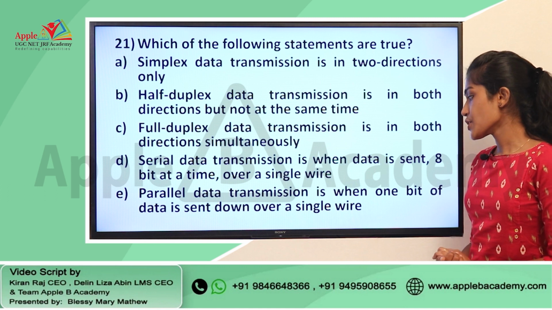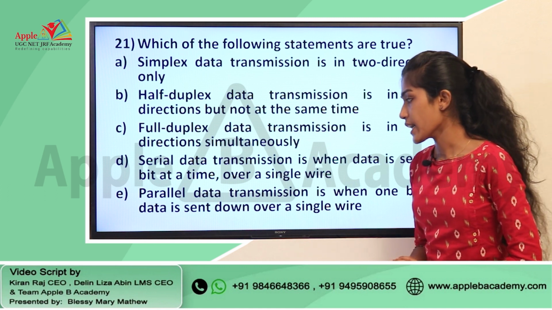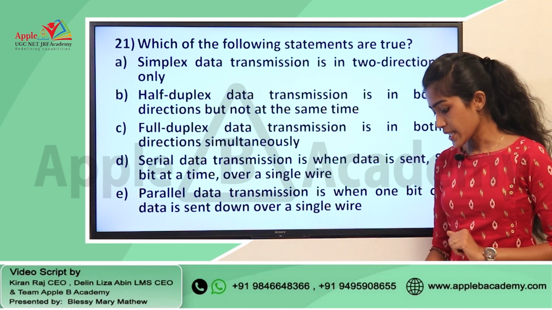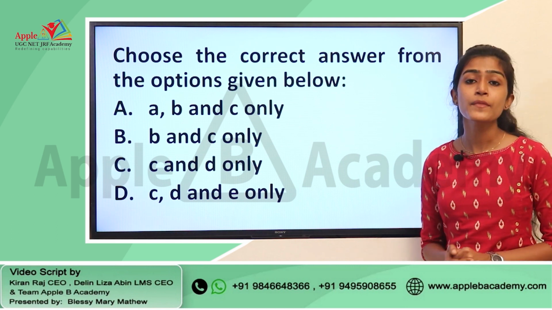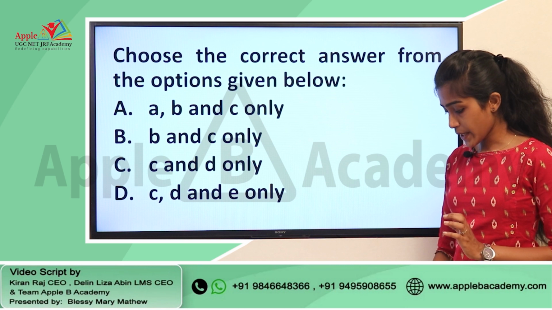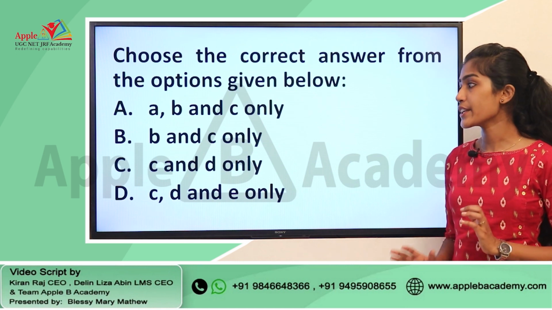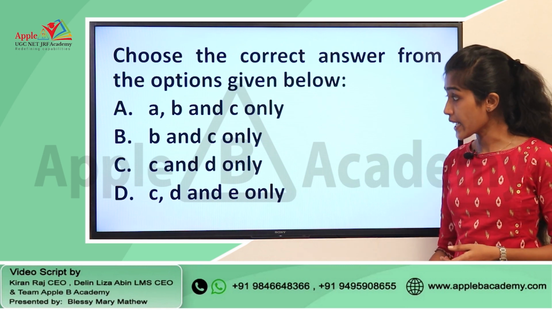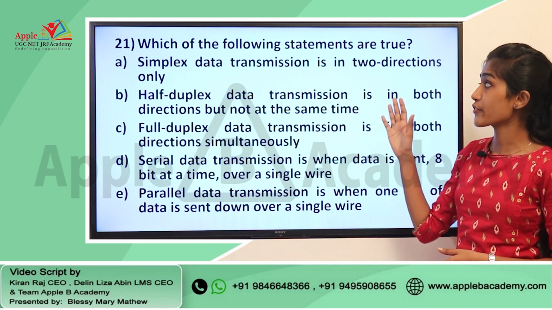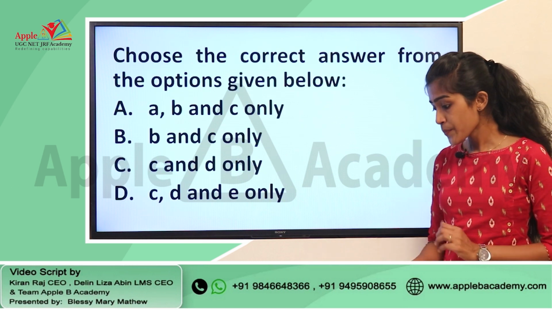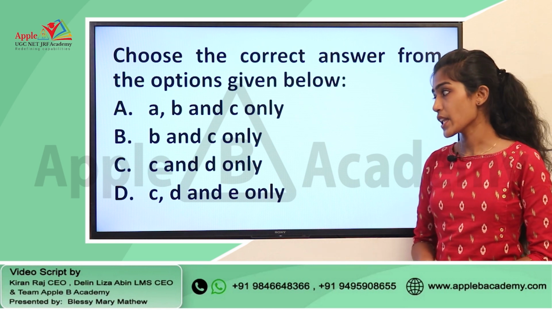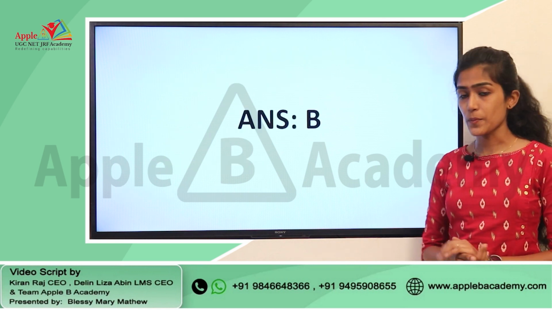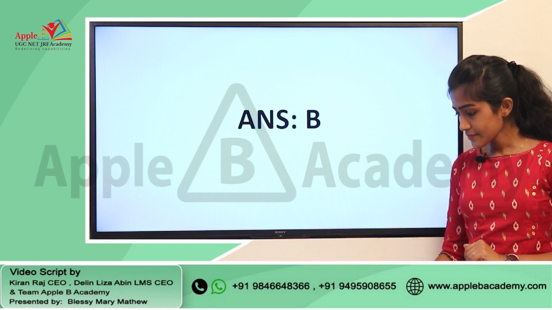Parallel data transmission is when 1 bit of data is sent down a single wire. We have to find out the right statements. In this particular question we have 2 statements that are correct. The true statements are B and C, that is option B. So, the right answer is option B.